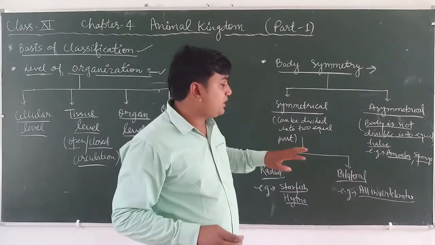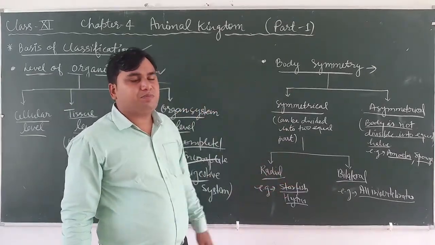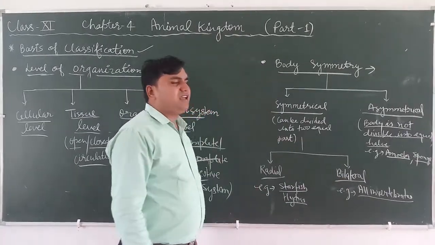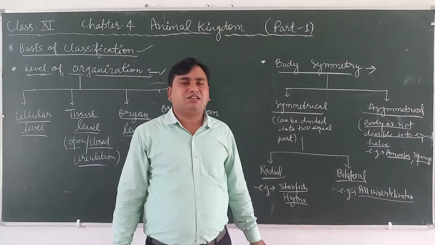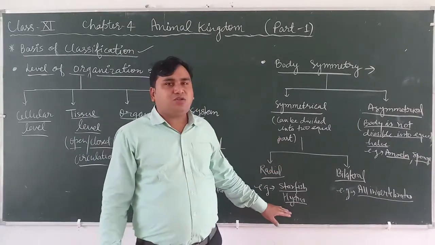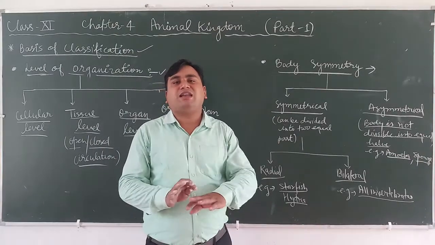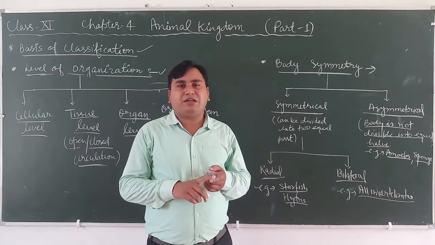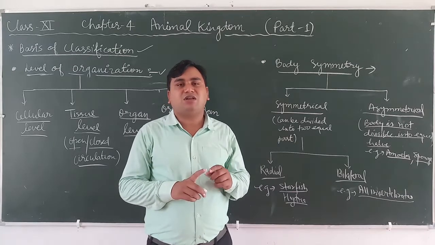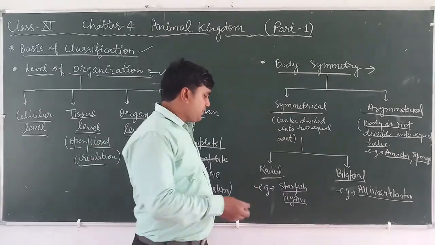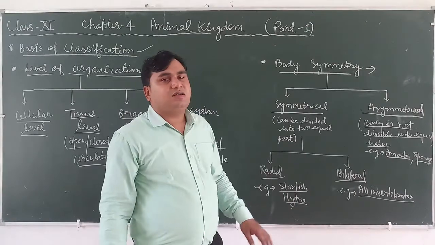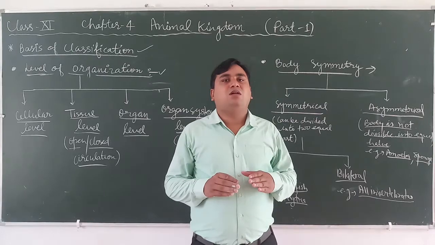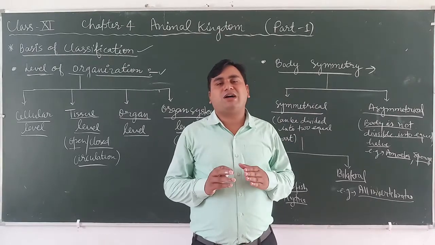Further, symmetrical is classified into two parts. First one is radial symmetry and second one is bilateral symmetry. Radial symmetry means the organism can be divided into two halves from any plane. For example, starfish and hydra, both are animals that can be divided into two halves by any plane.